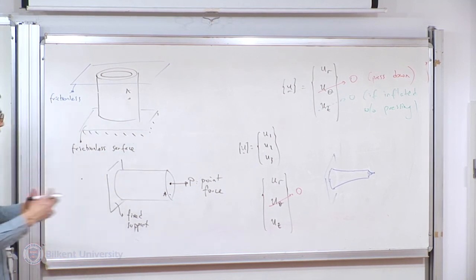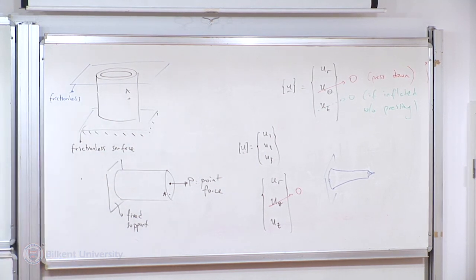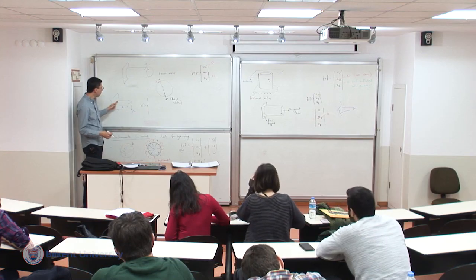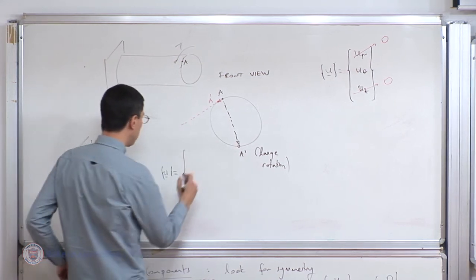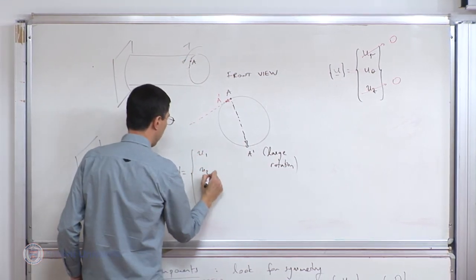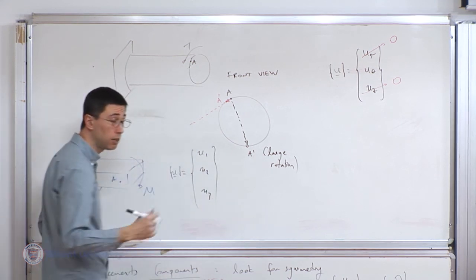So you have a cylinder, you try to see if you can use cylindrical. You may not be able to always, but you first try that. Here, obviously, there is no symmetry.